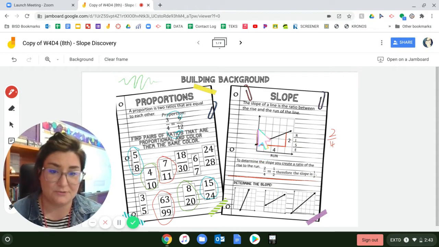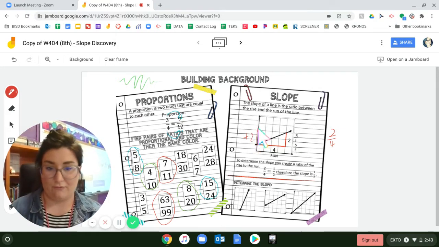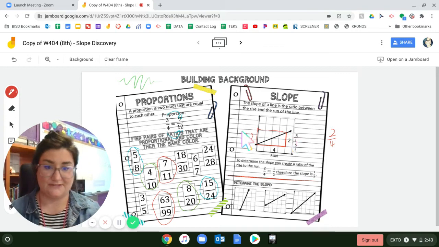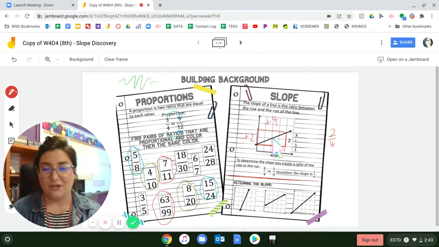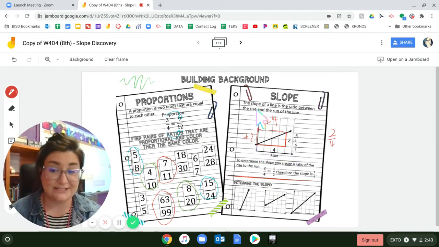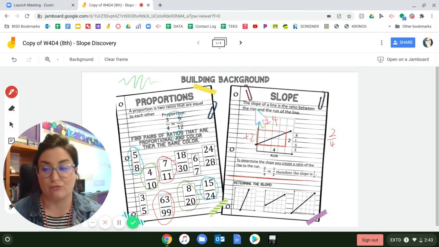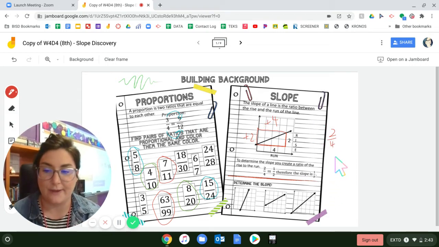I would go up 2. So that's my rise is +2. And my run is +4. You see it's the same numbers here, but when you actually do rise first, then you make sure that you're creating that ratio in the correct order, okay?